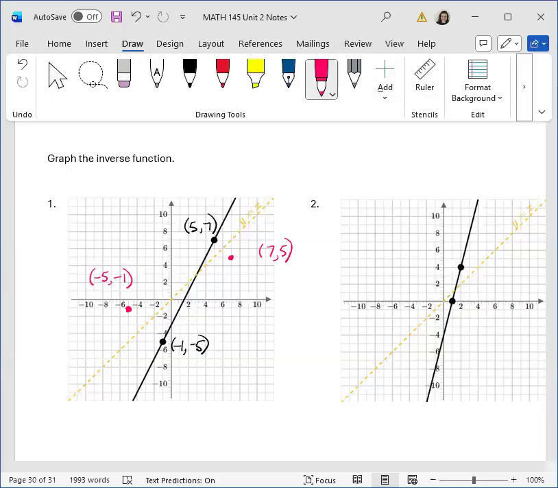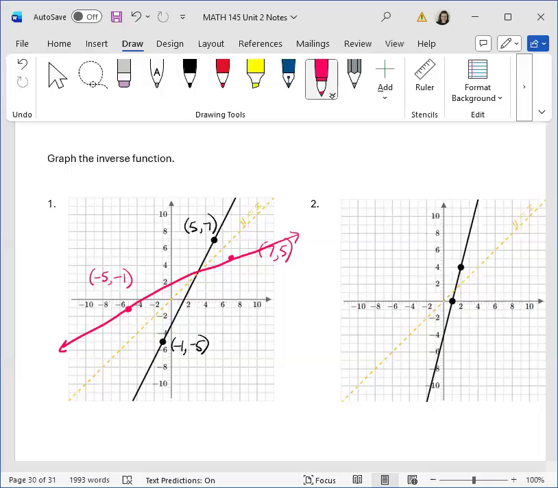I'm probably not going to be able to draw this in a straight line, but I'm going to try. That line would be the inverse of this line that's graphed in black.